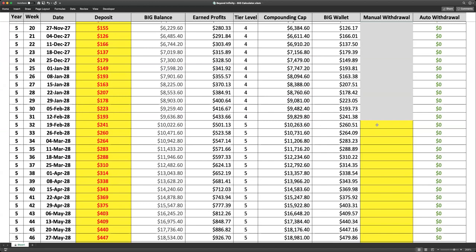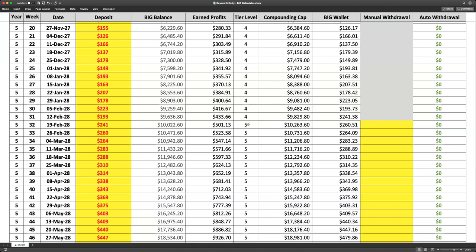So if at all possible, if you can allow your BIG account to grow, then you won't have to worry about money for the rest of your life, because this is going to turn into an automatic weekly income and you don't have to do anything for it. It's amazing. So go ahead, JC.